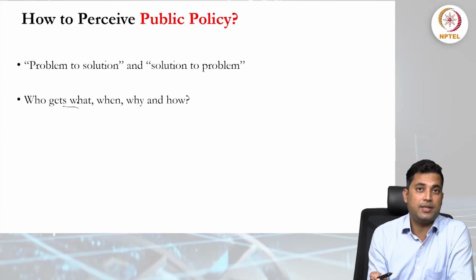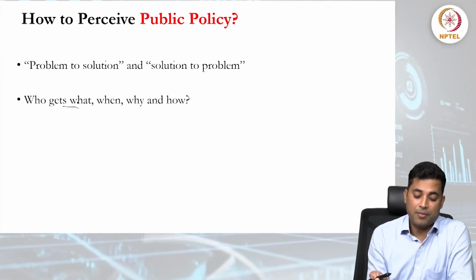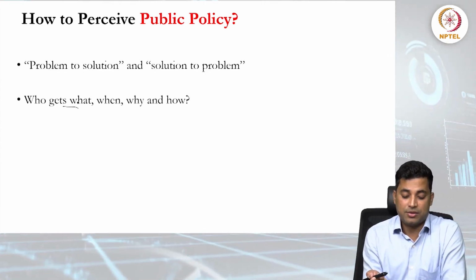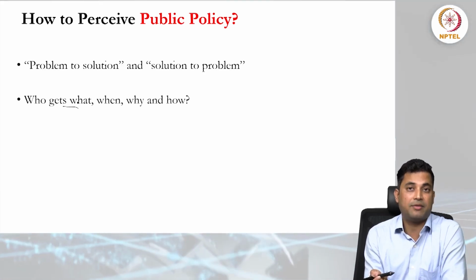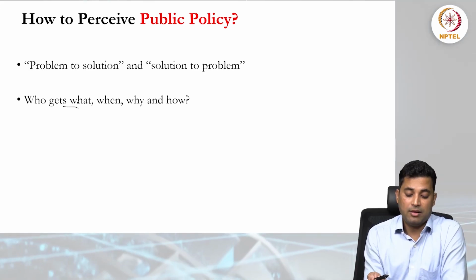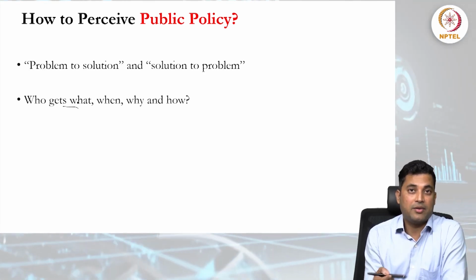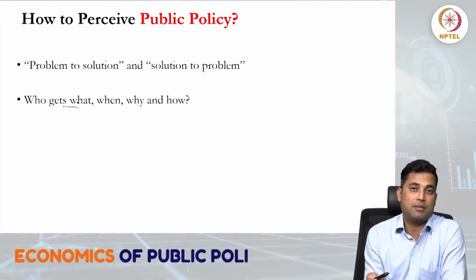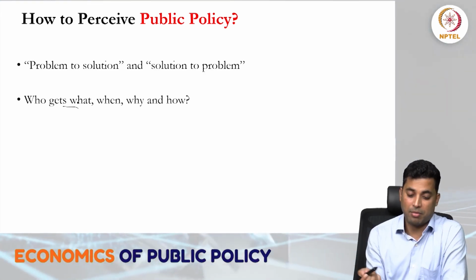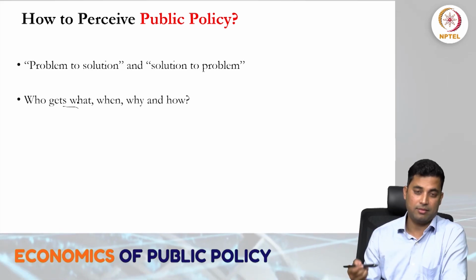That's why we see that many policies are framed during elections or during extreme events. So it is very important to ask when and why, the rationale for the public policy, and how says about the process of the public policy that one frames.